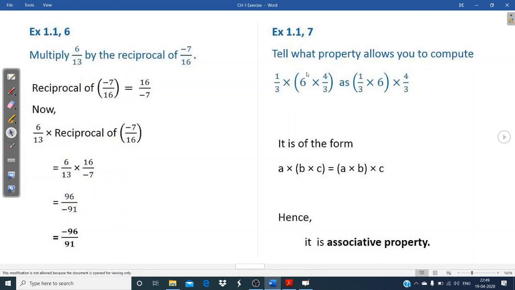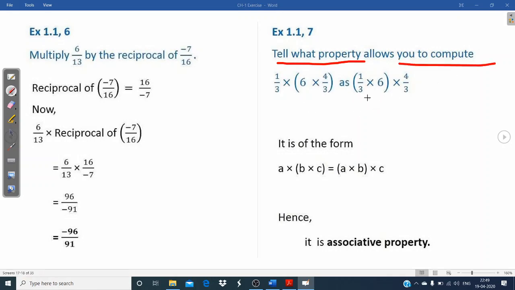Now, in the seventh question, again you have to tell which property allows you to compute this. 1 by 3 is multiplied by this entire thing. Let's suppose this is a multiplied by another rational number b multiplied by another rational number c. This can also be written by regrouping these things, a into b into c.